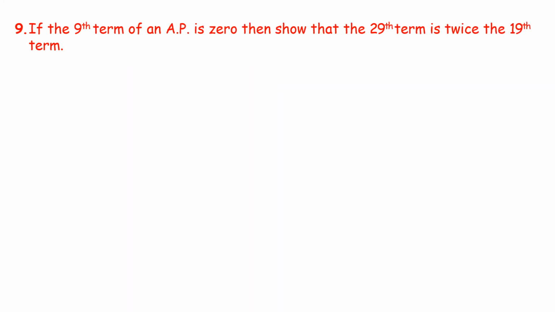Last example from practice set 3.3. If the ninth term of an AP is 0, then show that the 29th term is twice the 19th term. Here we use the nth term formula, that is nth term is equal to a plus (n minus 1) into d.